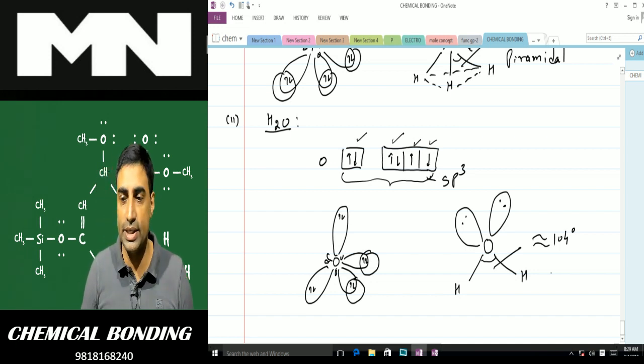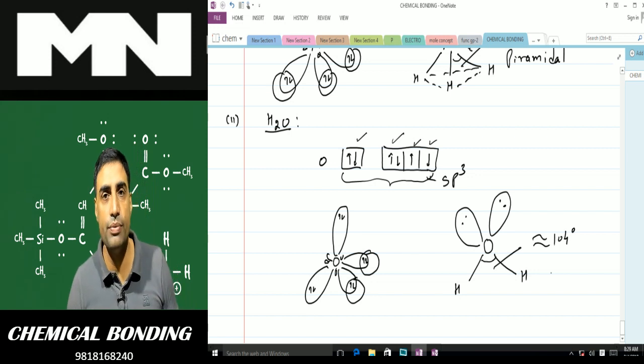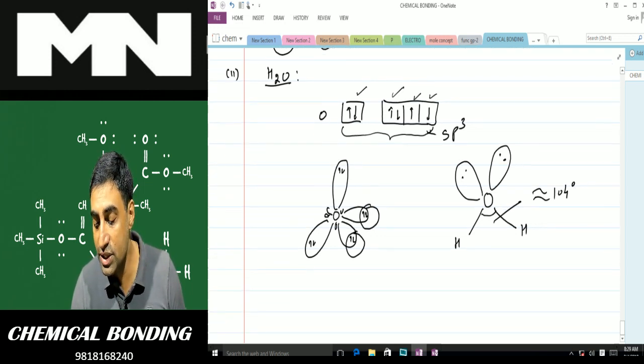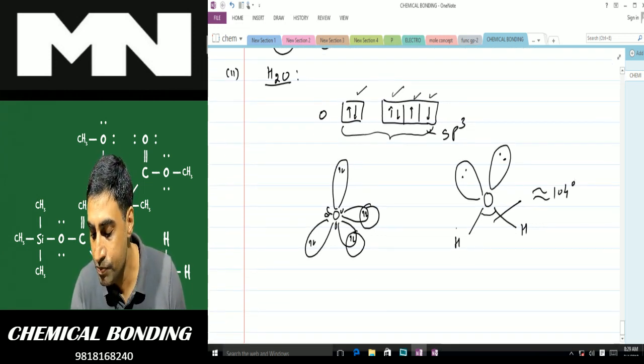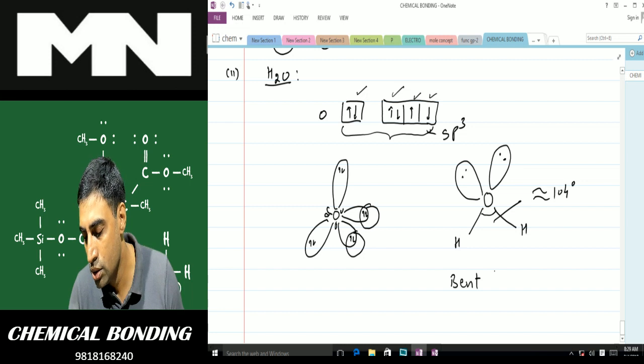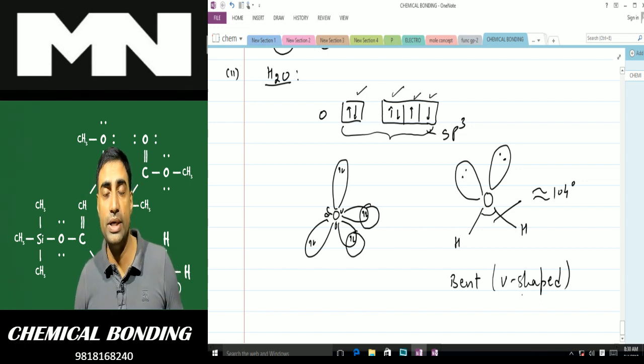In ammonia it is 107 degrees, whereas in water it is nearly 104 degrees. Since a lone pair is never considered in the shape, the shape here is bent or V-shaped. So this is how the water molecule looks, and this is all about hybridization.